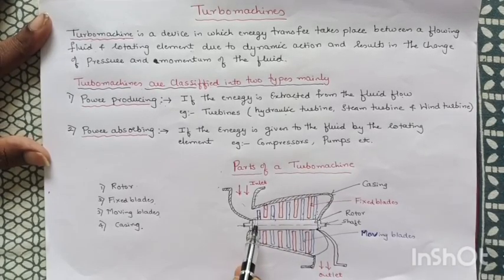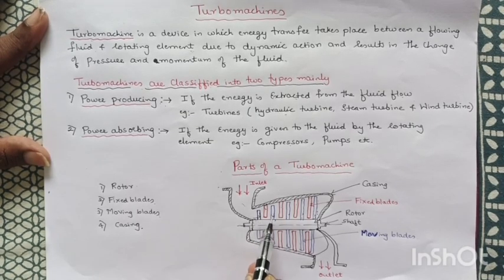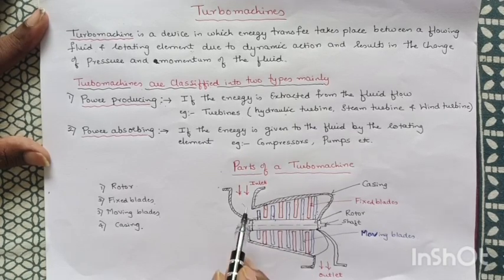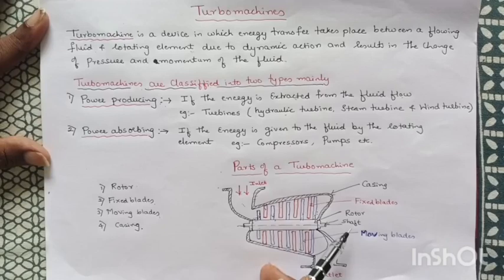Now coming to the moving blades, the function of the moving blade is to extract the energy from the steam and convert it into mechanical energy to drive this rotor or rotary drum. As the moving blades rotate, the drum also rotates. As the drum rotates, this shaft rotates, and this shaft is coupled to the generator where electricity is produced.